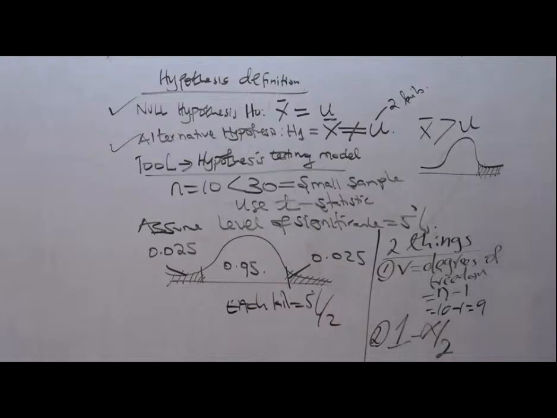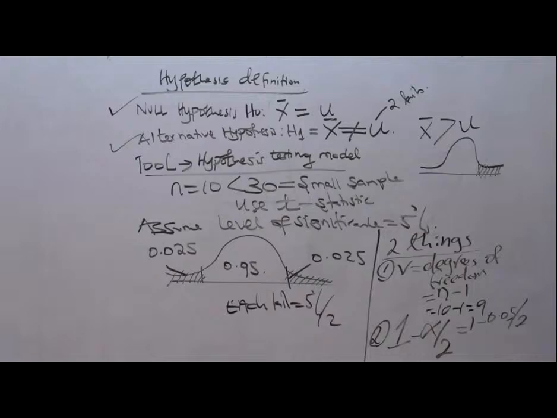So then this will be 1 minus 0.05 over 2. Remember, this 2 is only cutting the level of significance. This is the second requirement that I need.